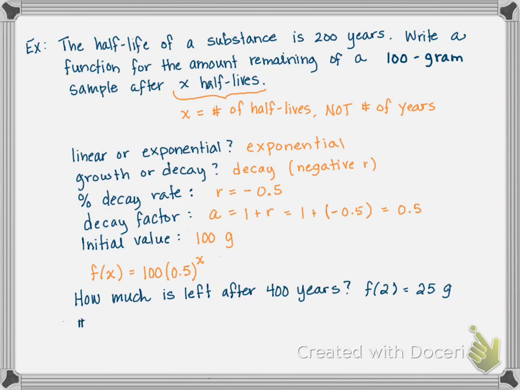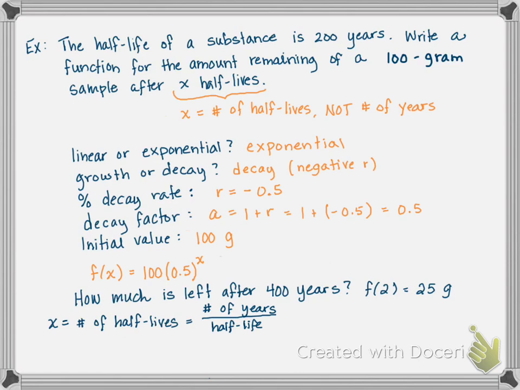But in general, the number of half-lives, which is our x value, is the number of years divided by whatever the half-life is. That's important because if you put 400 in for x, you'll get a very, very different result than putting 2 in for x, right?